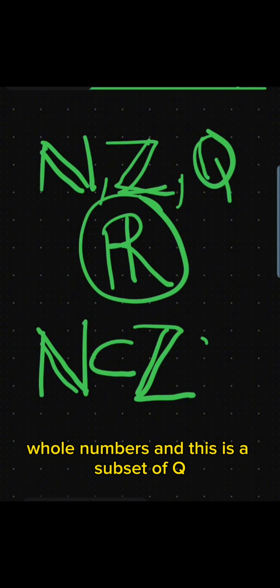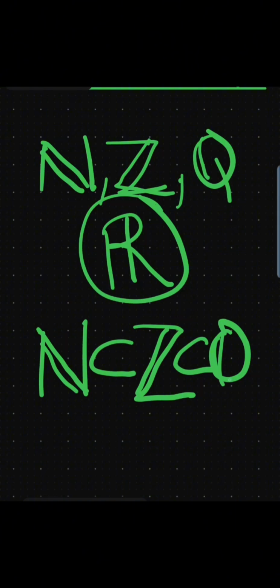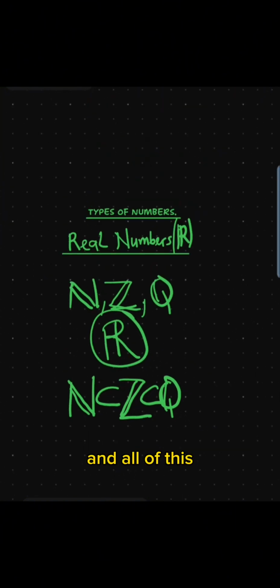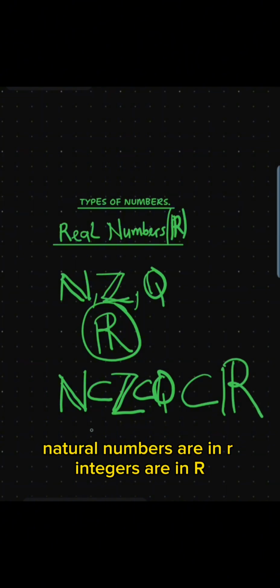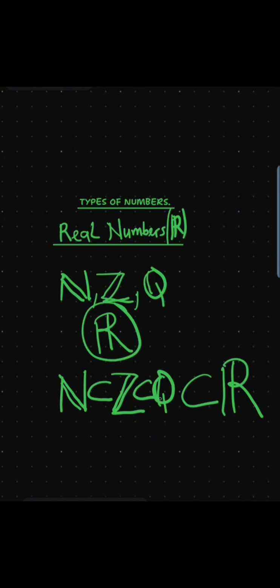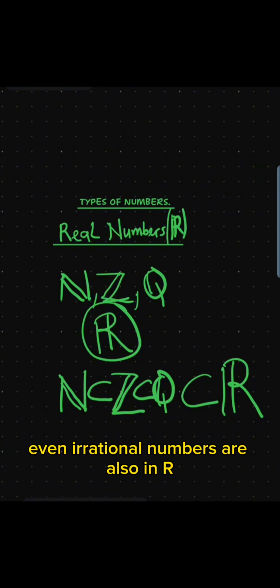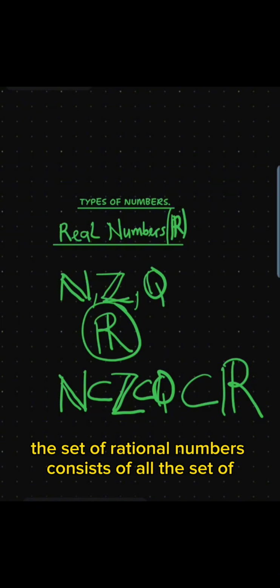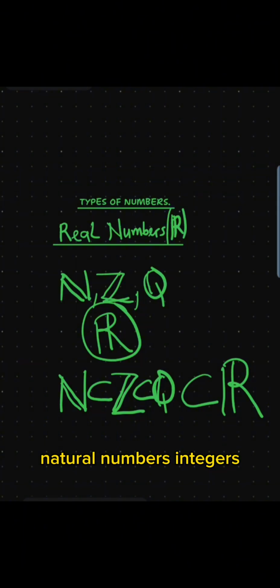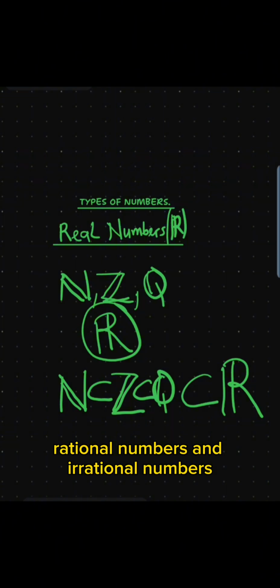And this is a subset of Q, and all of this a subset of R. So natural numbers are in R, integers are in R, rational numbers are in R, even irrational numbers are also in R. The set of real numbers consists of all the natural numbers, integers, rational numbers, and irrational numbers.